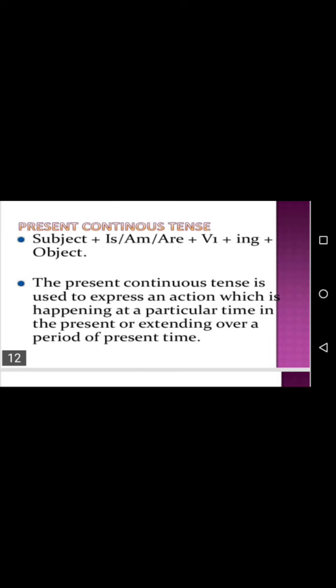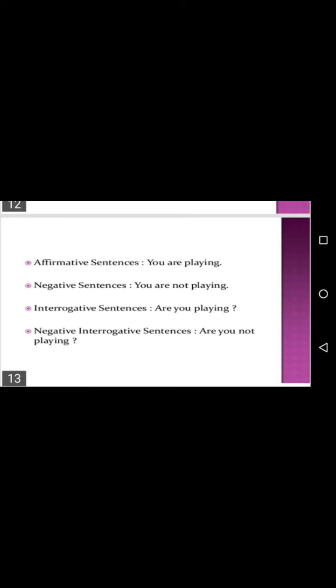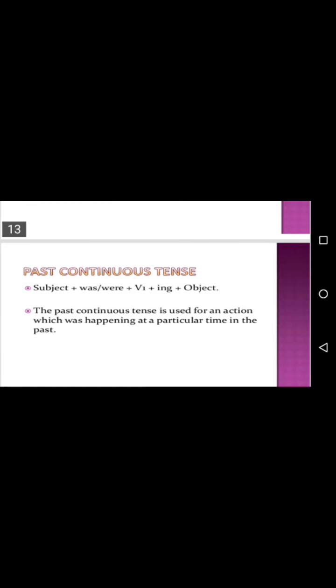And we use present continuous tense when the action is still going on, right? And the examples you can watch: for affirmative, you are playing. Negative, you are not playing. Interrogative, are you playing? Negative interrogative, are you not playing? So this is the way to use the verbs in present continuous tense.